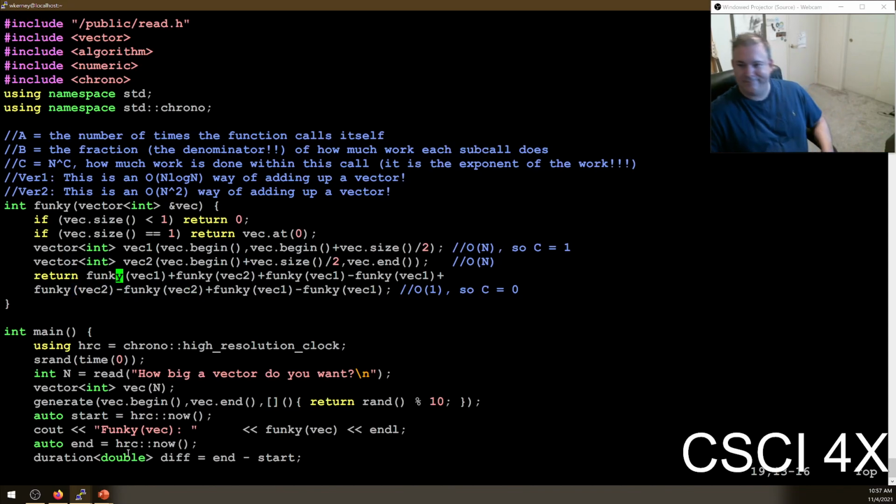There. Because I care about correctness. So there, this horrid thing is now correct. Adds vec2, subtracts vec2, adds vec1, subtracts 1. It is n to the third power, yeah. Because A is 8, B is 2, the log base 2 of 8 is 3. 3 is bigger than 1, so it is an order n cubed algorithm.